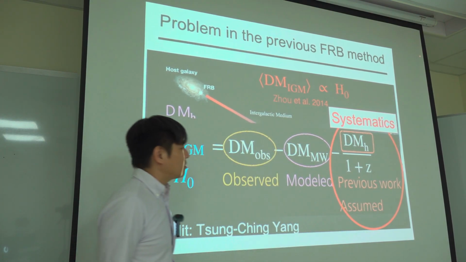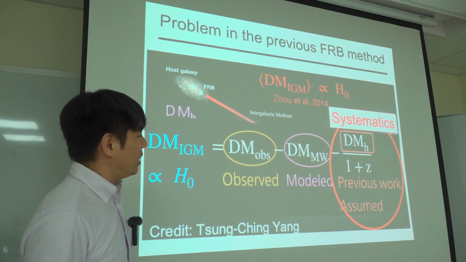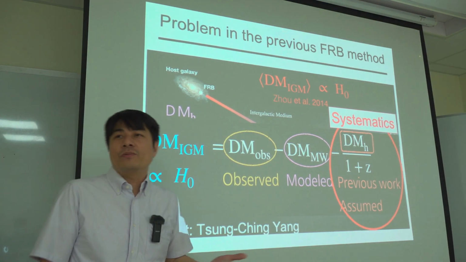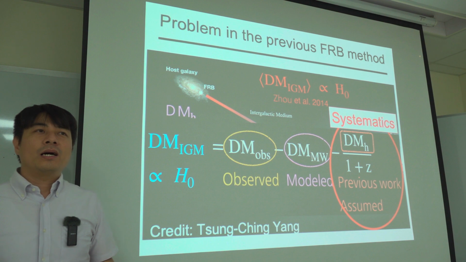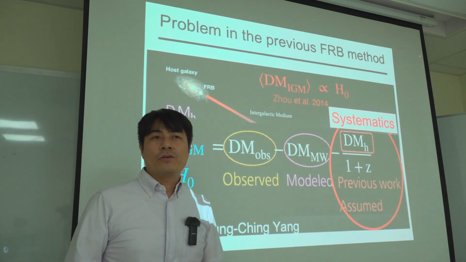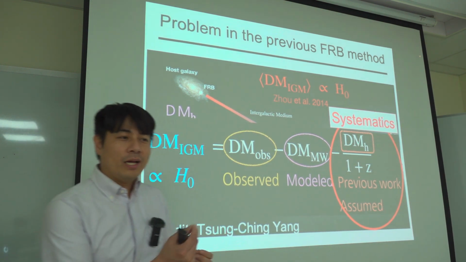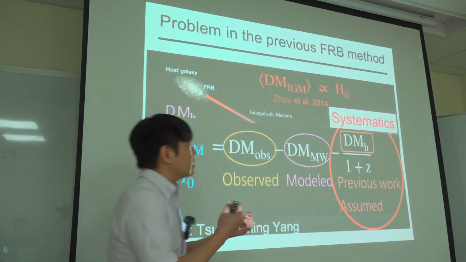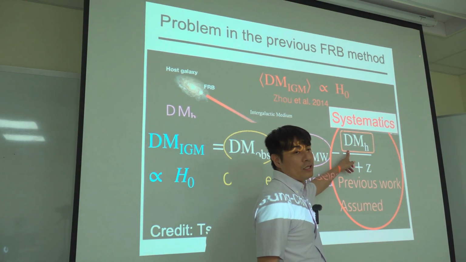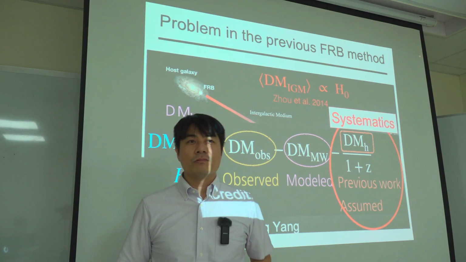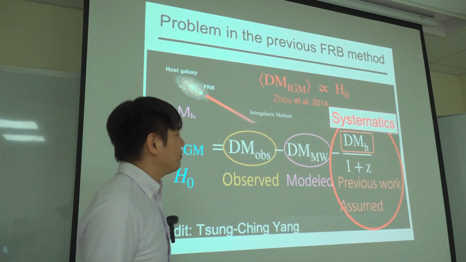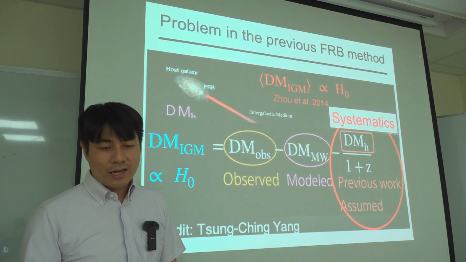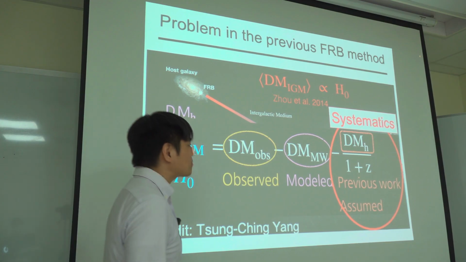So what they could do was, for example, just assume a reasonable number. There are cosmological galaxy simulations, for example. From simulations, they can estimate how much DM exists in the host galaxy using theory, so they have a rough idea about the number.